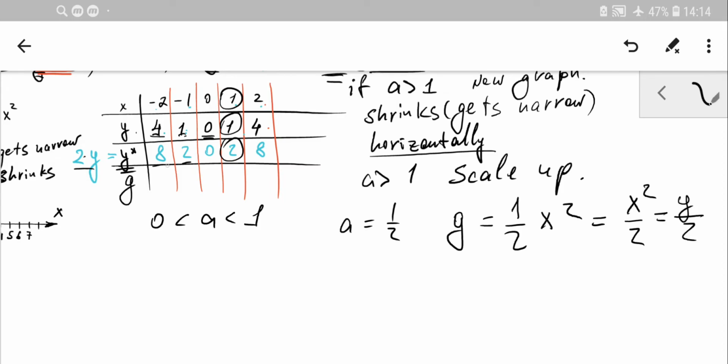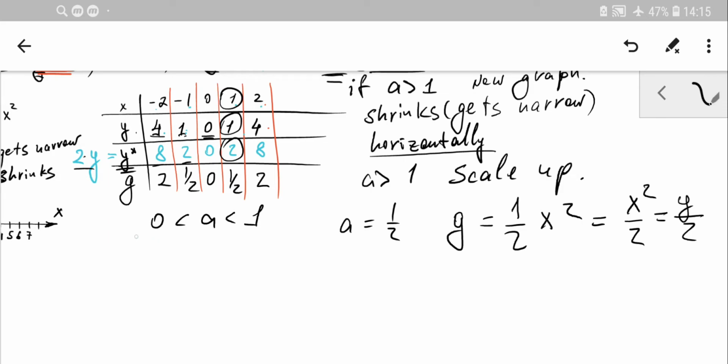Okay, so 4 over 2 is 2, 1 over 2, 0, and again we just repeat 1 over 2 and 2. Okay, so all previous values for the standard basic parabola were simply divided by 2.